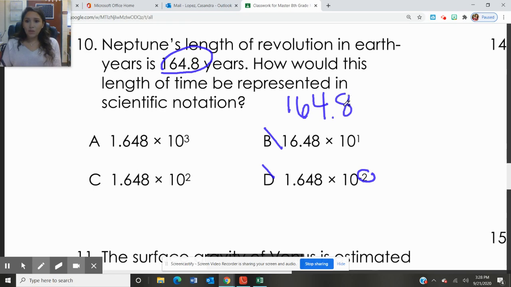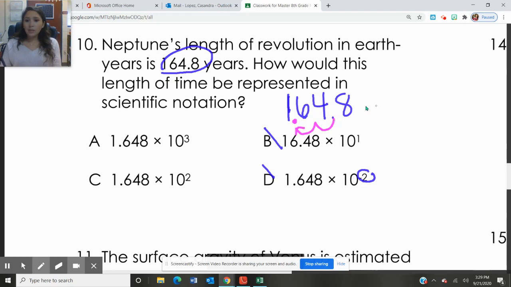164.8. So scientific notation, we are just physically moving this decimal place after the first non-zero number. And the first non-zero number is the 1. So what I want to do is I want to move this decimal place here. So I'm going to move it 1, 2 spots to the left.